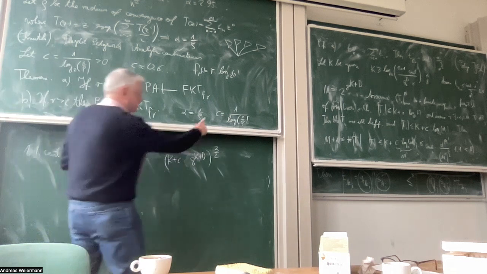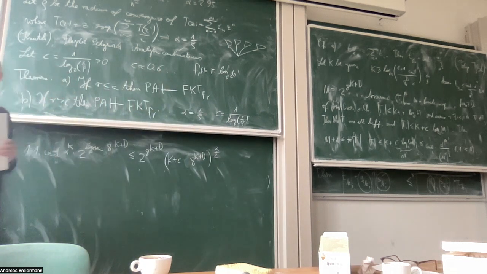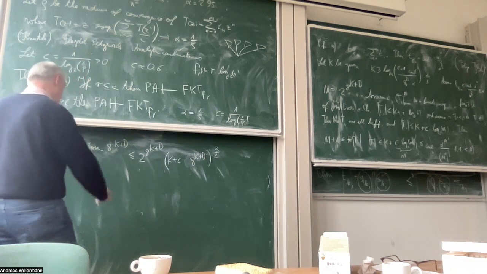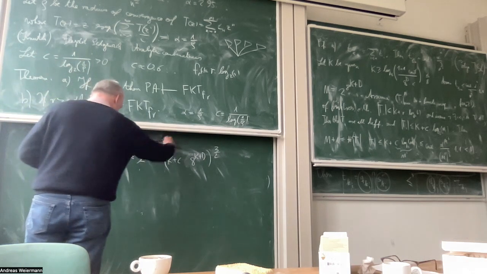And c is this one. So you see this cancels out. So what's going to happen here is the 2 to the 8k cancels out.